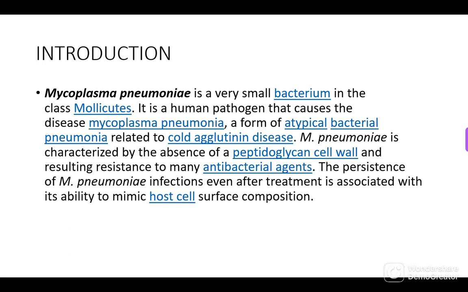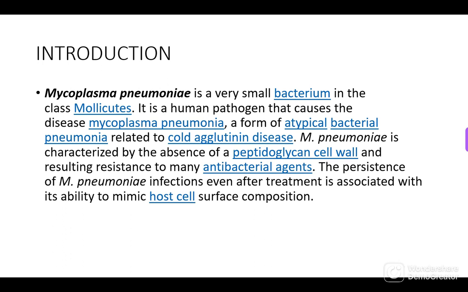It is the human pathogen that causes what is well known as mycoplasmal pneumonia, a form of atypical bacterial pneumonia. It is a commonly acquired pneumonia, although it is atypical. Another important point is that it is related to cold agglutinin disease, which is autoimmune hemolytic anemia.